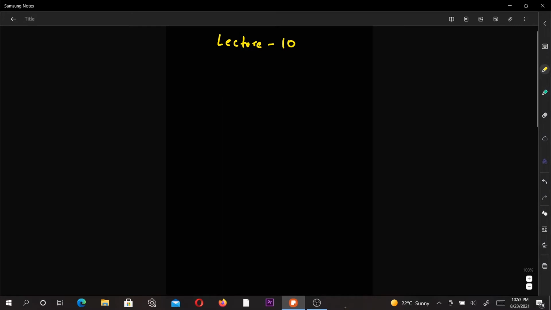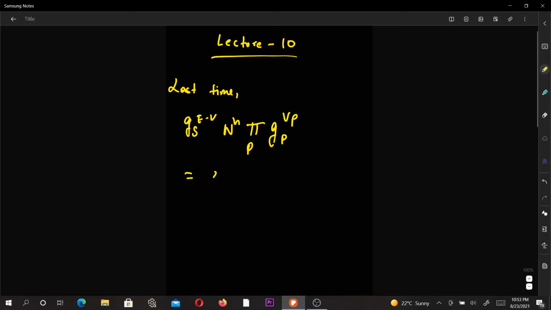This is lecture 10. So last time we found out that each fat graph gives us a factor of something like this. And we can reorganize this in terms of the genus.